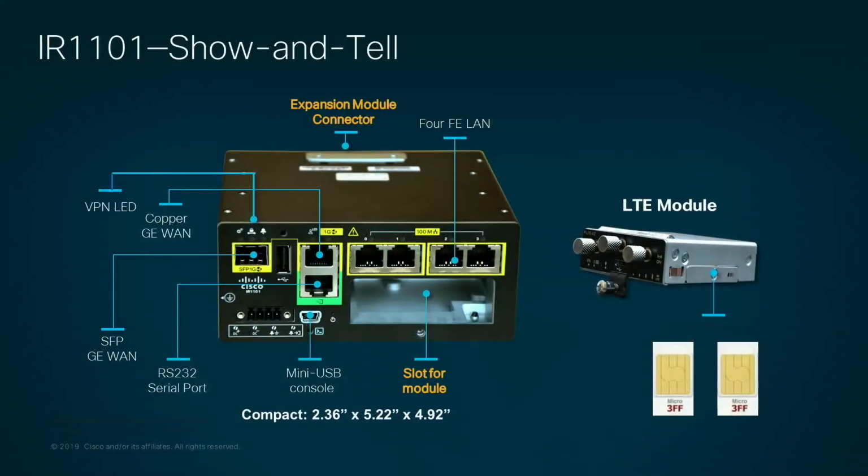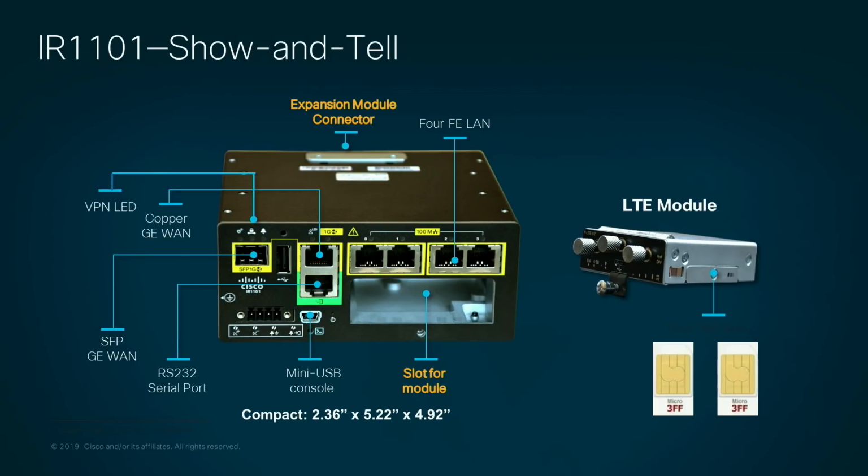So similarly, with the Cisco IR 1100 router, let's take a look at that. Some feature data. I'll go through that as I talk through it. We have the router itself, very small form factor. As you see, I'm holding it in the palm of my hand.